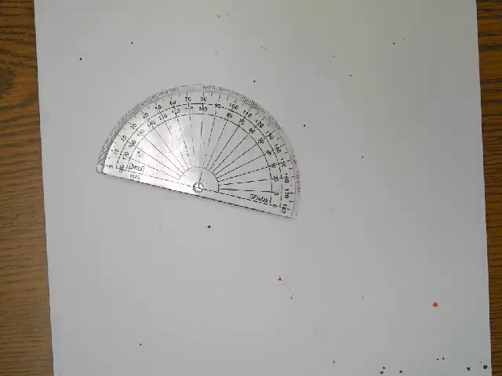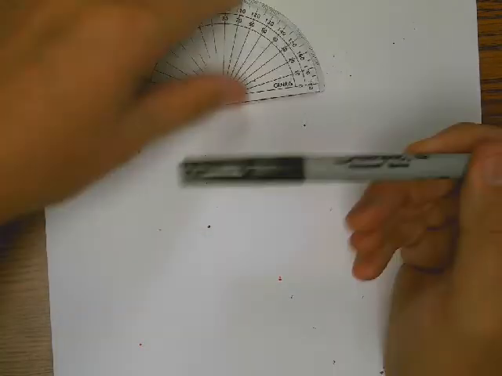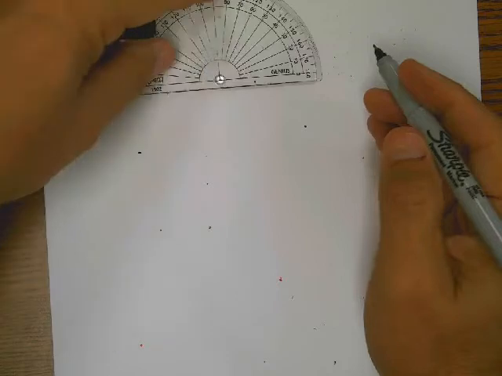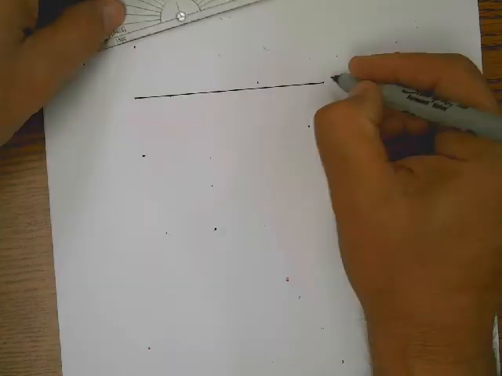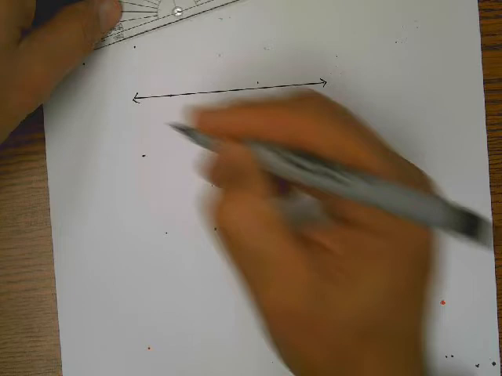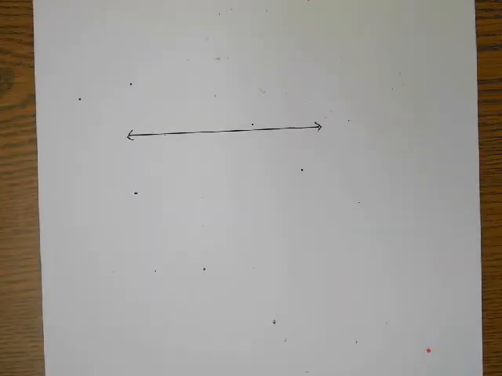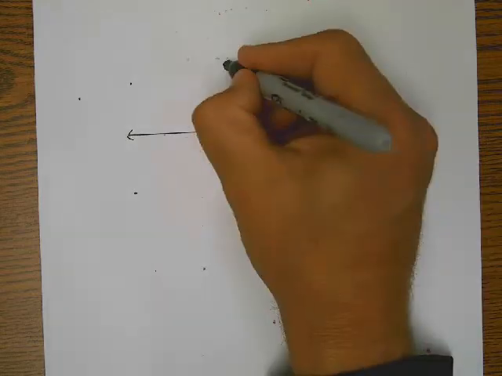All right, another one that we might do, or you might see, is give yourself a, does not matter if it's a line or a segment, actually. I'm going to make it a line. And then a point not on the line out here.